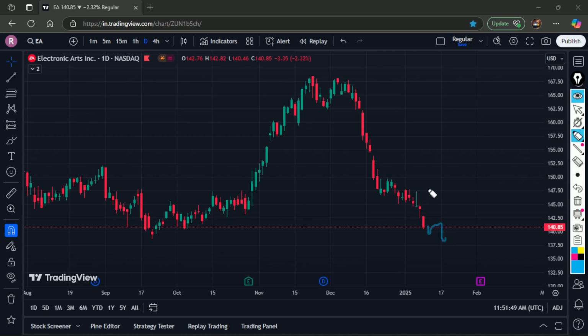Because sellers are trying from multiple points here. There are too many sellers here. So at one point these sellers have to become buyers, like short covering or something like that. So I am expecting a buying side scenario here.